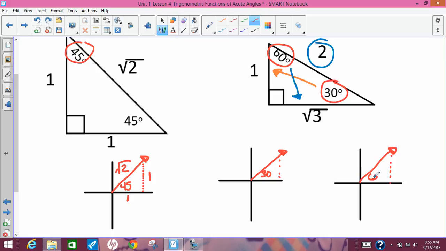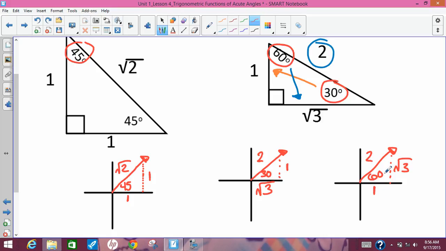So in a 30, 60, 90 triangle, the side across from 30 is 1, the hypotenuse is 2, and the other side is root 3. Over here, when we have a 60-degree angle, the side across from 60 is root 3, hypotenuse is still 2, and the side across from 30, which is the other piece, is 1.